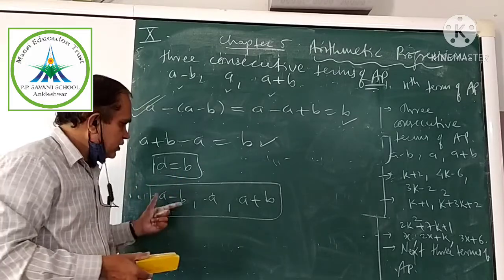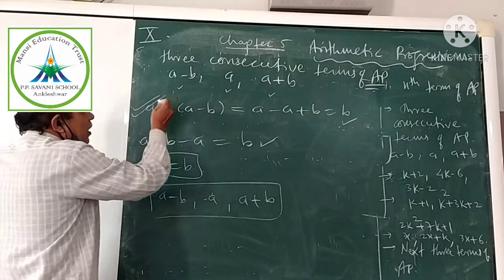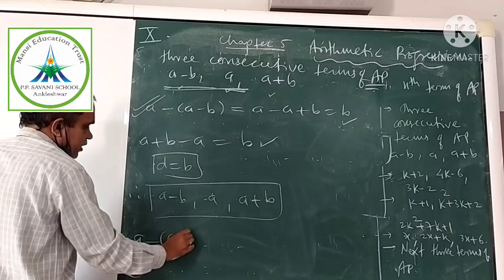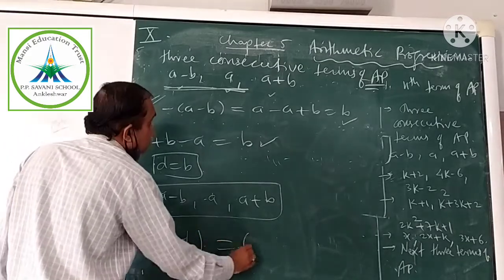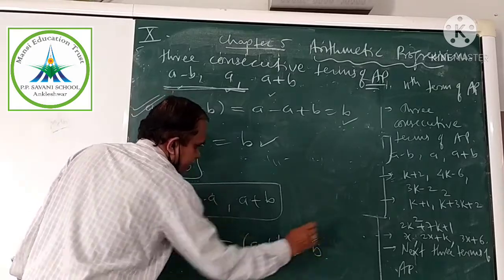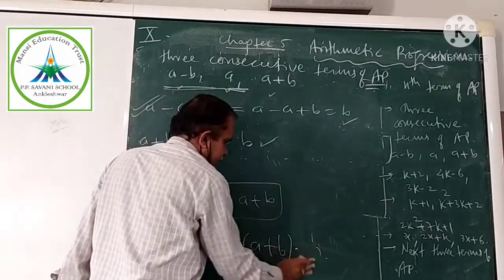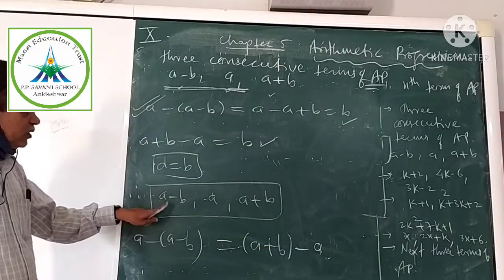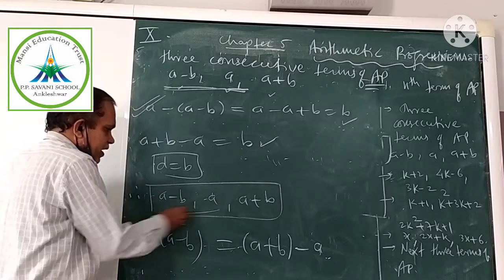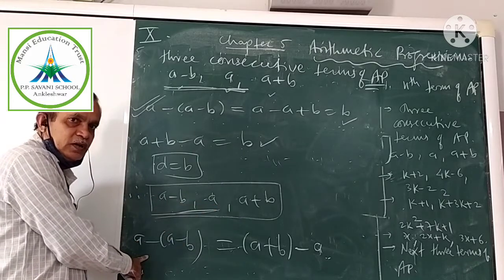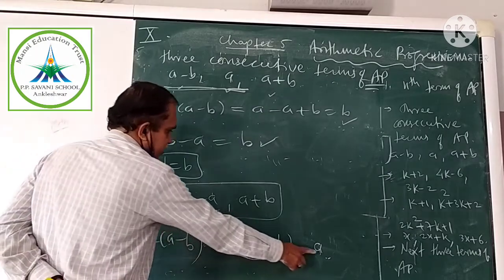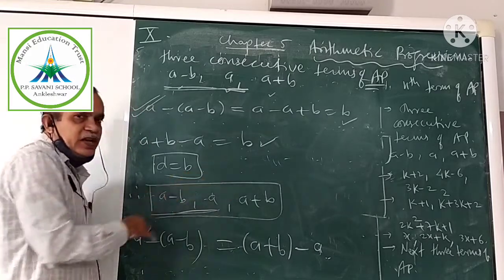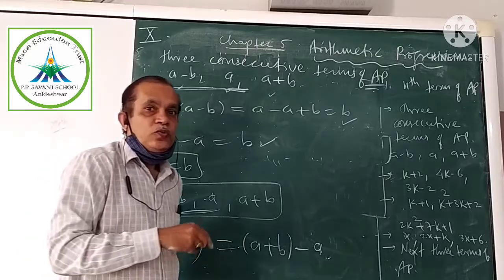Right? अभी इसको concept कैसे दिखाएगा? देखो, I will take this. See, I am taking A minus (A minus D) is equal to (A plus D) minus A. Yes or no? This is very useful. If I am given 3 consecutive terms, I can make pairs: the second minus the first is equal to the third minus the second, because the difference is equal. Got it? And if any unknown terms are there in these terms, we will be able to calculate.